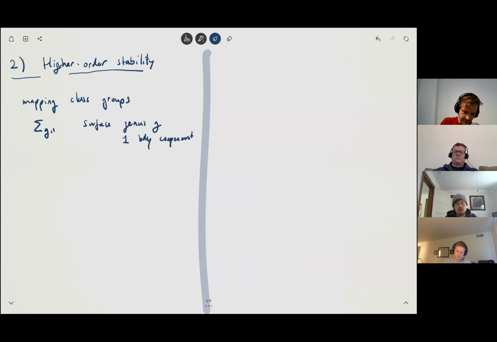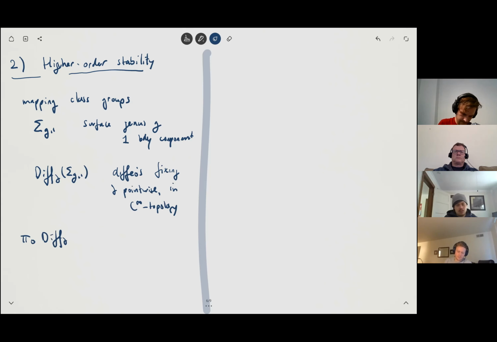Then we can look at the diffeomorphisms of this surface that fix the boundary pointwise, and are topologized in the smooth topology. And then we can look at the group of path components. And that's, by definition, the mapping class group.